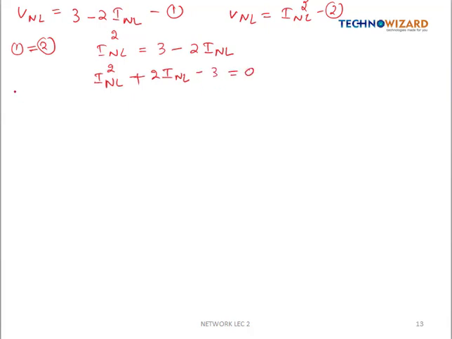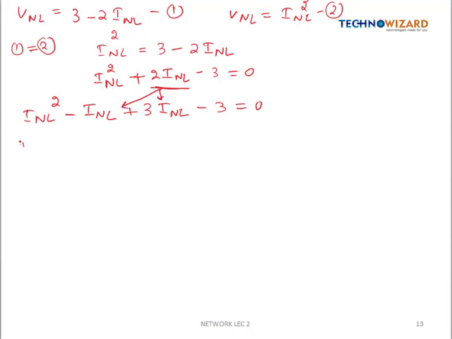So this is a quadratic equation, we can easily solve this. So it will be INL square plus 3 INL minus INL minus 3 is equal to 0. So I have split this 2 INL into these, right?